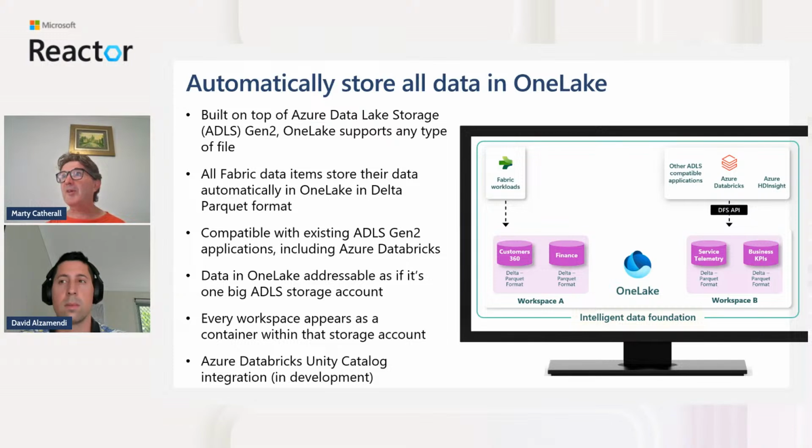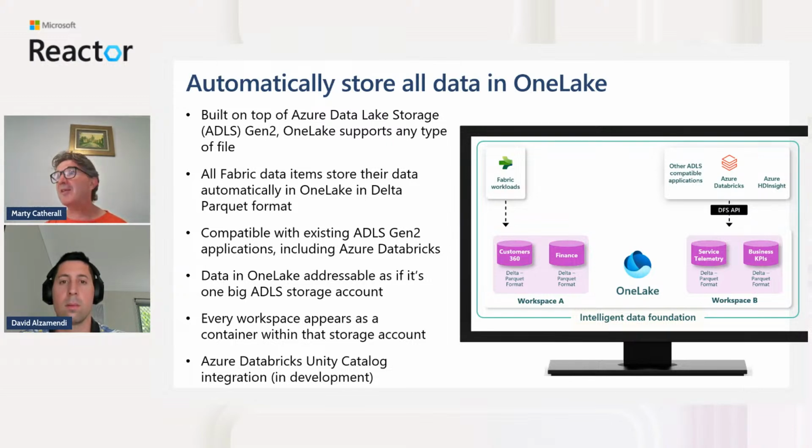So all data items are stored in the OneLake automatically, and the format that all of our Fabric components like is Delta Parquet. So the Delta Parquet format can be ingested or used by any of those components that we've seen. And so that is a really great format to have and to keep your data in.